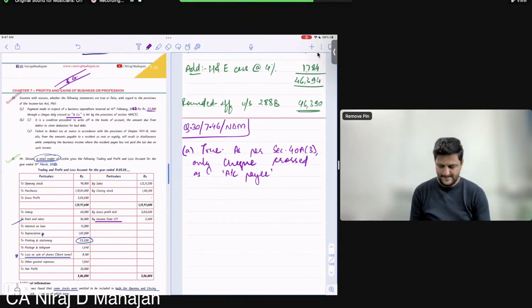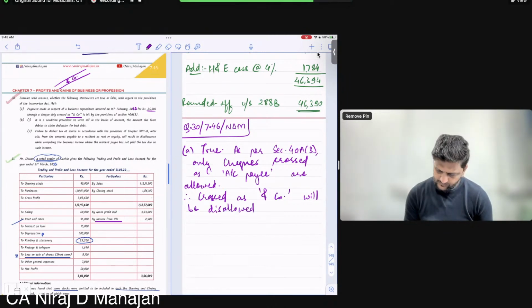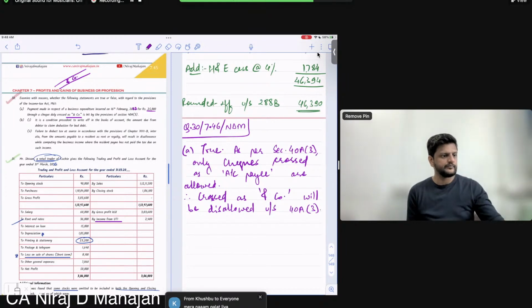Account pay are allowed. Therefore, crossed as and company will be disallowed under section 40A(3). Yes, chaliye, all of you.